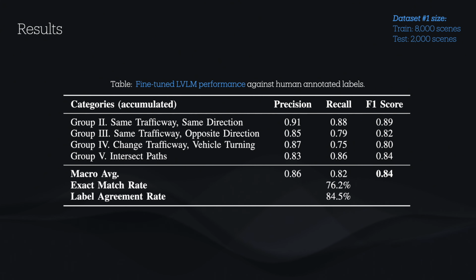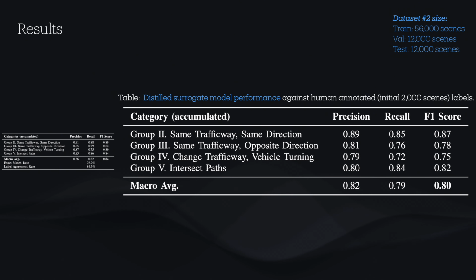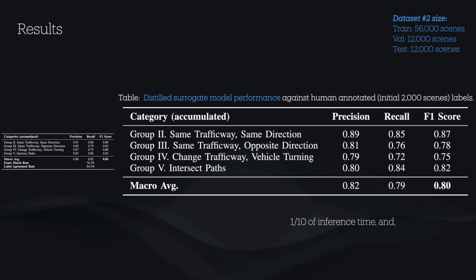But more importantly, which is the second part, using those language model results, we now distill that model with the embedding space, which tells us that the macro averages that we have are still quite significantly close to the language model results. But more importantly, it's 1/10 of the inference time, about 41 times more efficient in memory.